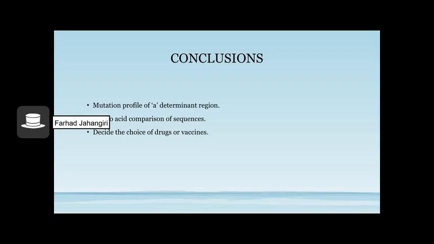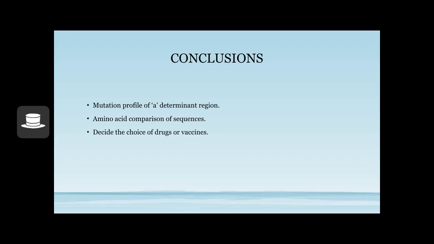Conclusions. This study is unique for three reasons. First, a detailed mutation profile of the A determinant region of S gene was delineated. Second, amino acid comparison of sequences with different existing Bangladesh and foreign sequences was described.